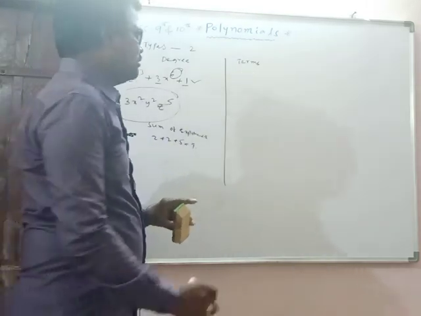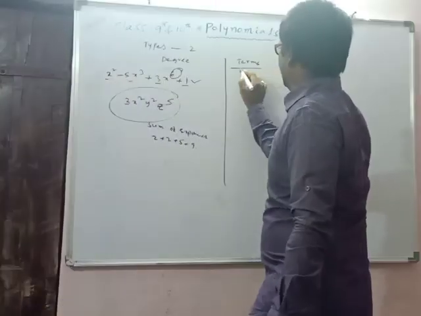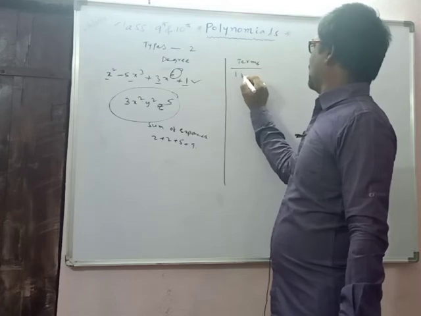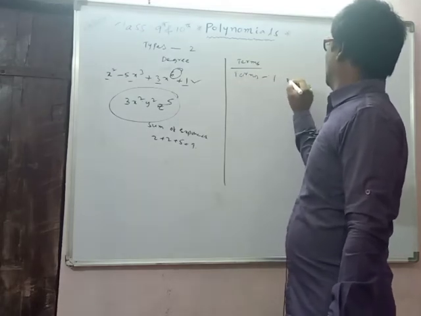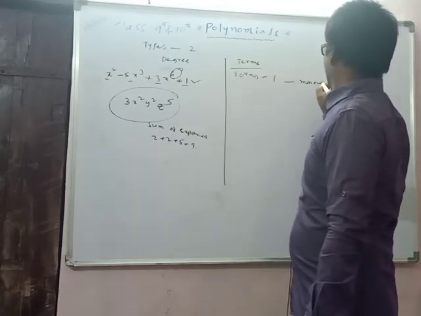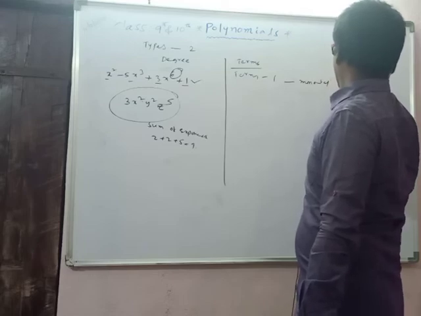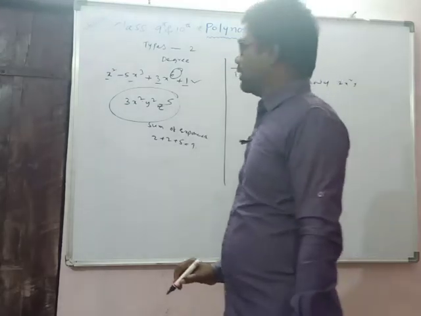So first of all, what are the types based on terms? If it is 1 term, monomial, means 2x square y, whatever, it is a single term.